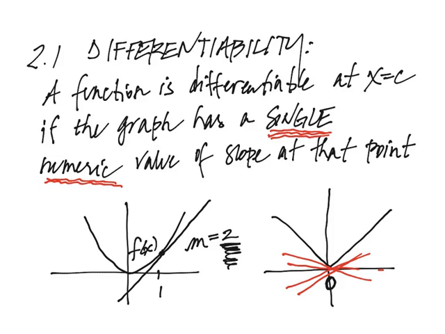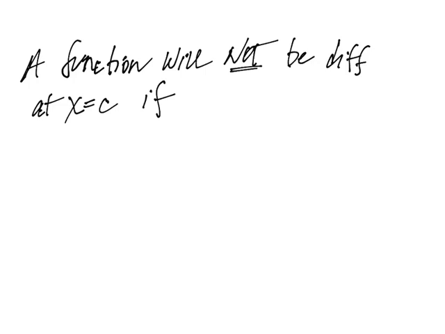Yet it's possible to draw multiple of them, so they each have a different numeric value of slope. And so if it's multiple values of slope, then it is no slope at all. Which is why the absolute value graph is not considered to be differentiable at x equals 0.